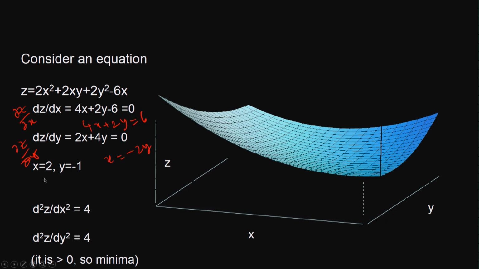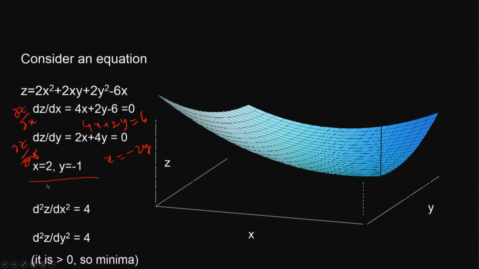So, you end up with x is equal to 2 and y is equal to minus 1. So, how do I do it? If there are two independent variables, I partially differentiate with respect to x and with respect to y, and then equate it to 0. So, I will get simultaneous equations for x and y, I solve them.